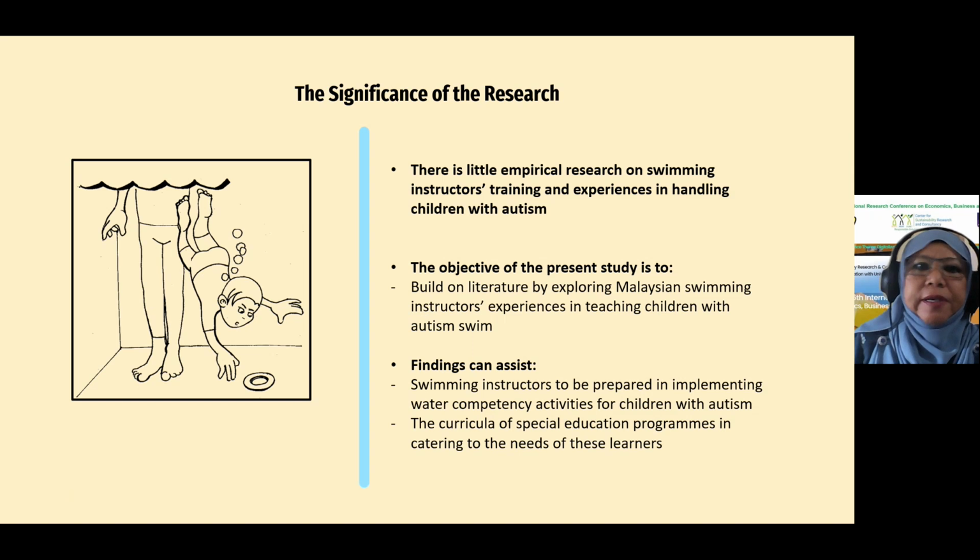So my research is significant in a way that it can help build on literature by exploring Malaysian swimming instructors' experiences in teaching children with autism to swim, because there has been little empirical research on swimming instructors' training and experiences in handling children with autism.